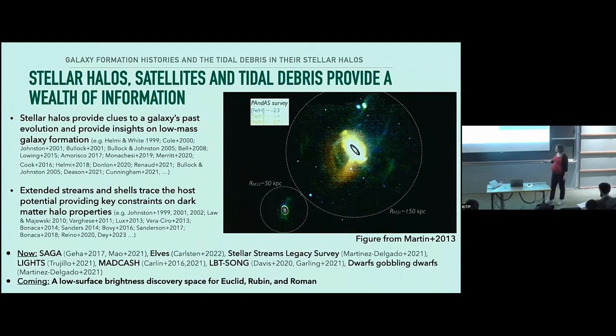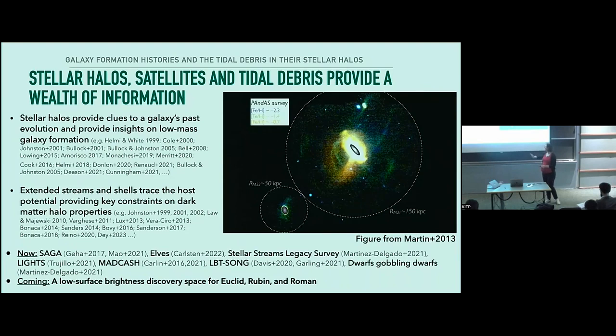And there is a lot of work at the moment in smaller and larger surveys to look for satellites, for example, in SAGA and ELVES, or for stellar streams. But as mentioned before, the low surface brightness regime is a discovery space for Euclid, Rubin, and Roman in the next couple of years.